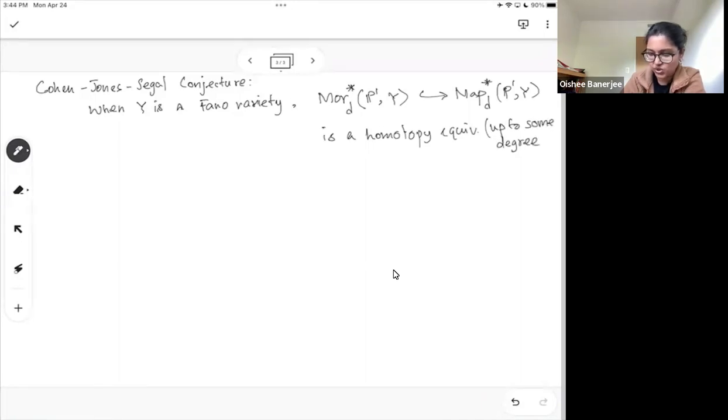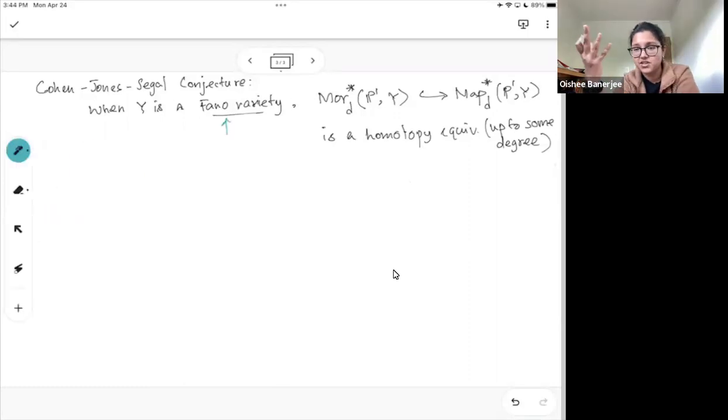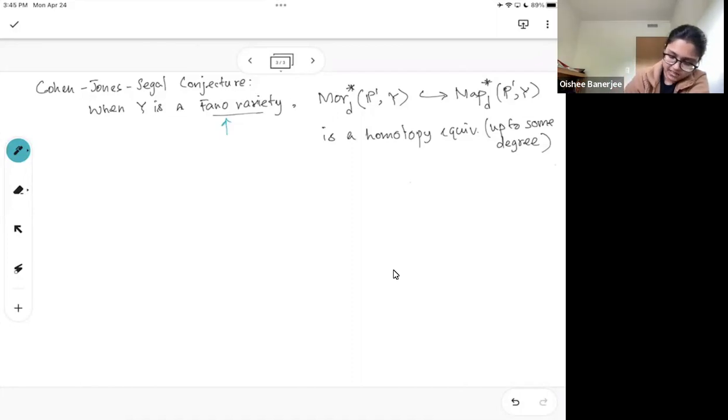That some degree depends on Y. So what is Fano? The technical definition is that the anti-canonical bundle is ample. That's the algebraic geometric definition. But think of it as consisting of all flag varieties, toric varieties, their products, blow-ups of these guys. Nice generalizations of, this is a very loose statement, of course, projective spaces.